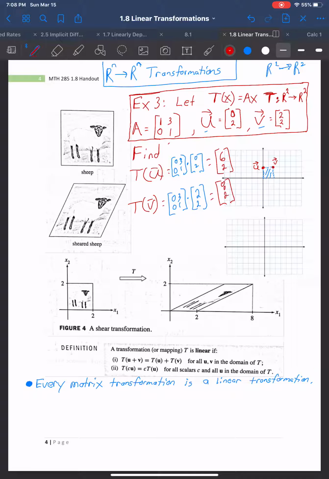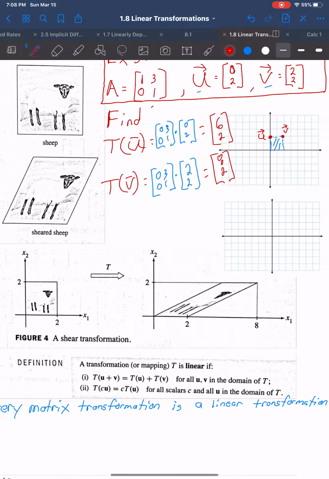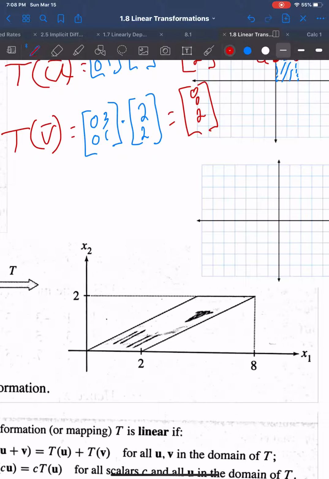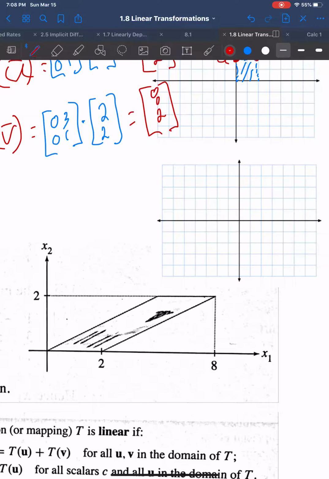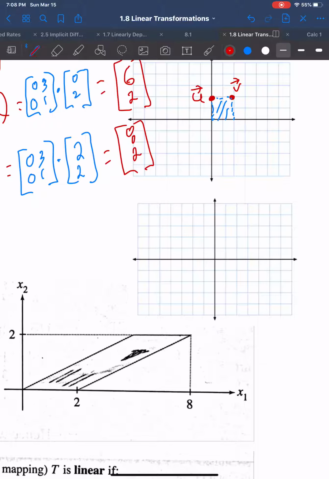Ready? Let's graph these new vectors. My apologies, I can't see very well. 1, 2, 3, 4, 5, 6. I don't think I have enough, so I'm going to have to zoom in. When you get older like me, your eye starts to go. So let me graph (6, 2): 1, 2, 3, 4, 5, 6, and up 2.